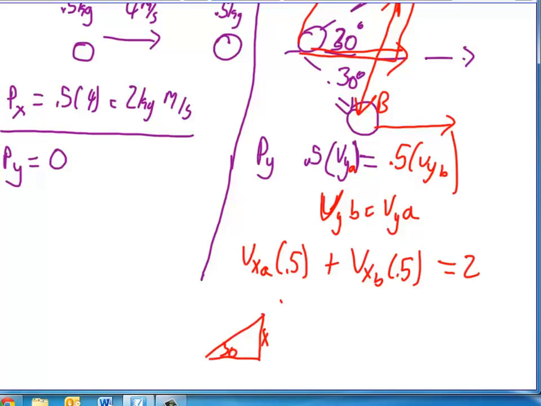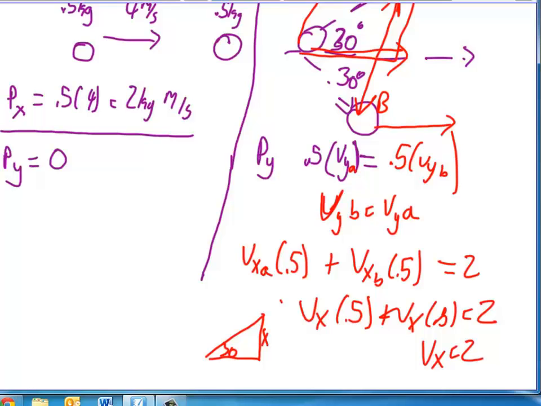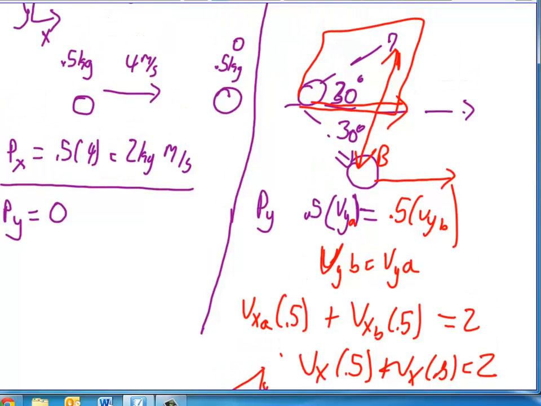I can say vx times 0.5 plus vx times 0.5 equals 2, so half of vx plus half of vx, so vx equals 2. So I know that the velocity in the x direction of each ball is 2 meters per second.